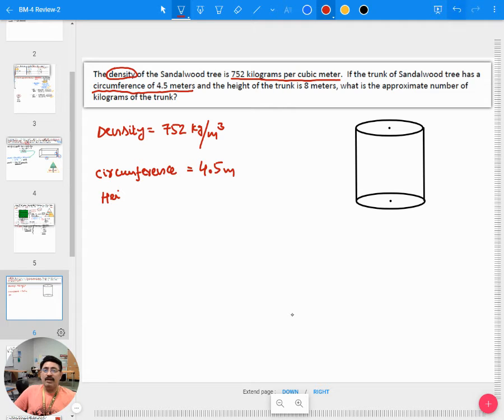Let me write this one a little separately. Height of the trunk is 8 meters. What is the approximate number of kilograms of the trunk? Again, number of kilograms means that is representing the mass, right?